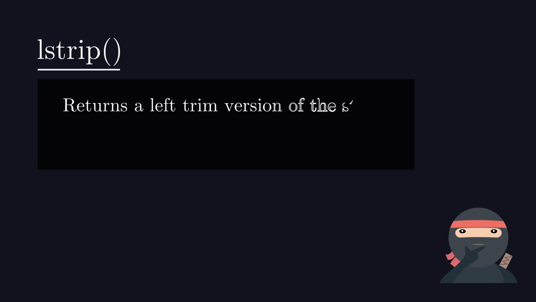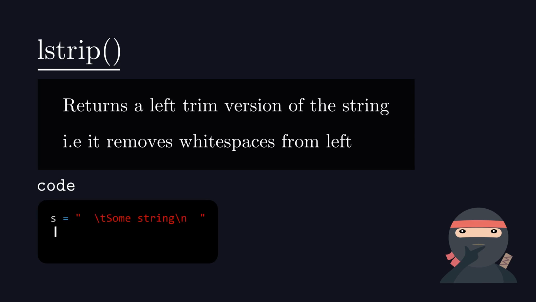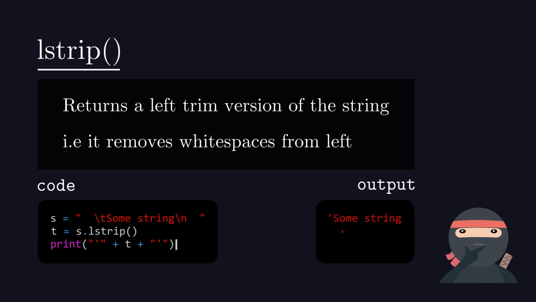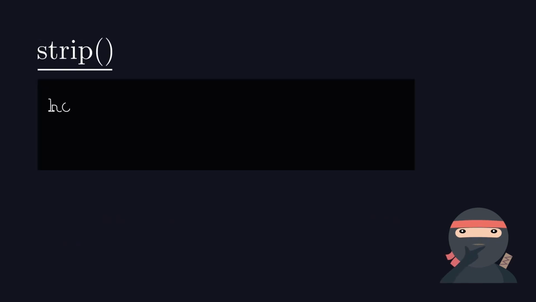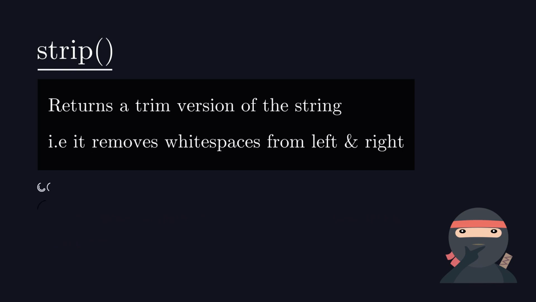Similarly, the lstrip method will remove all the whitespace characters from the left until it finds a non-whitespace character. The strip method will remove all the whitespace characters from both left and right.